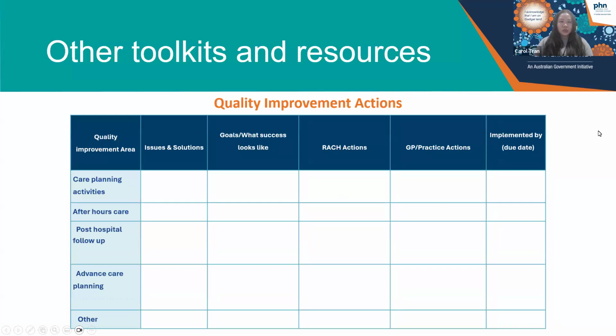Continuing on, we have care planning activities, after-hours care, post-hospital follow-up, or advanced care planning. These are just a few activities to get you started and thinking about which quality improvement activities your team can be involved in. In accordance with ensuring quality and safety standards, this is a great way to continually monitor and drive ongoing quality improvement for accreditation purposes.